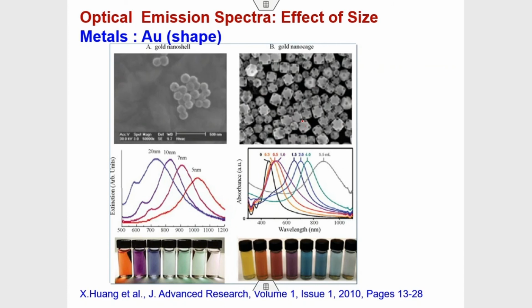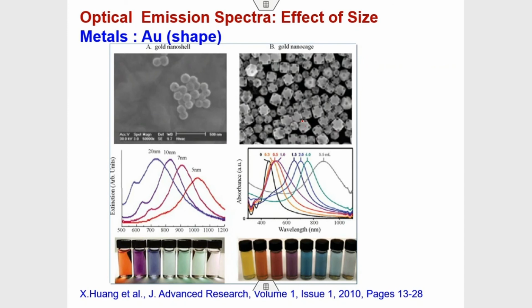By making it a core-shell or nanocage structure, one can change the optical emission spectrum very easily. So, not only the shape, but also different kinds of structure and size can lead to different types of optical emission spectra.